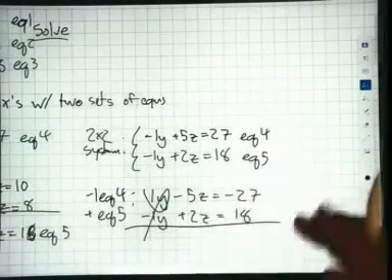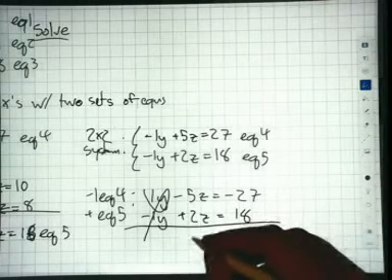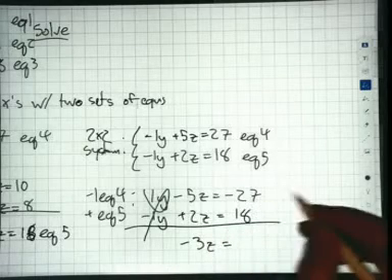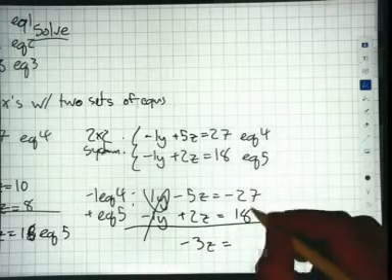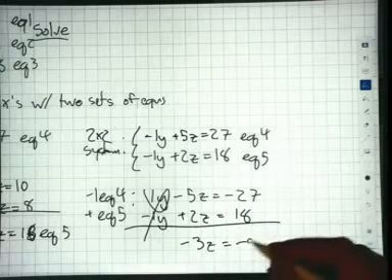My y's cancel out, and then I get a negative 3z is equal to, alright, the difference between 27 and 18 is 9. That's going to be a negative 9.